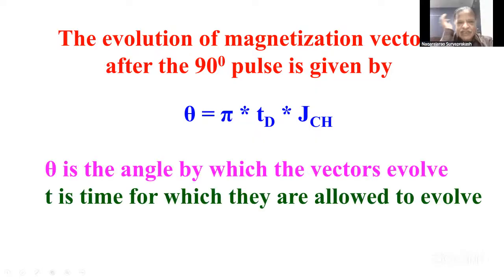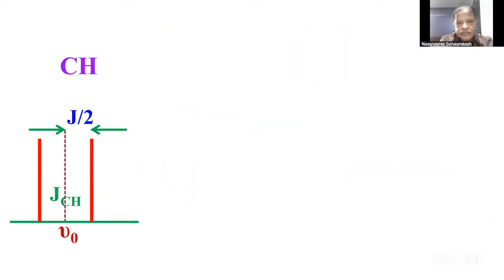For example, if you consider a CH vector, the center of this doublet is the chemical shift. And CH is going to be a doublet because it is coupled to a proton. So if you measure from the center, this will be half of the coupling, and this is another half of the coupling. In NMR jargon, we say one of the vectors is moving faster, the other vector is moving slower from the particular axis.